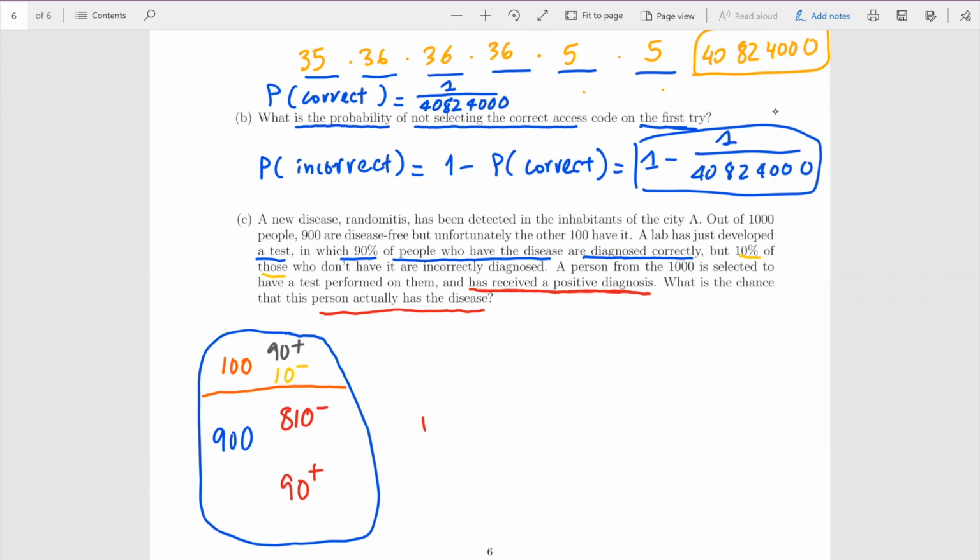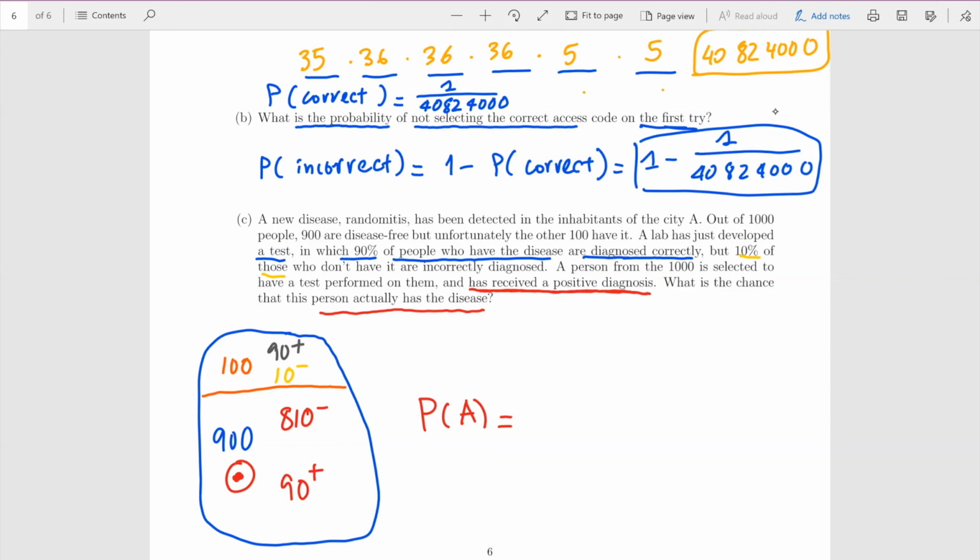I call this event A. So if you pick one random person in this city, and put a test on them, and the test came out positive, what is the chance of this person actually having the disease?